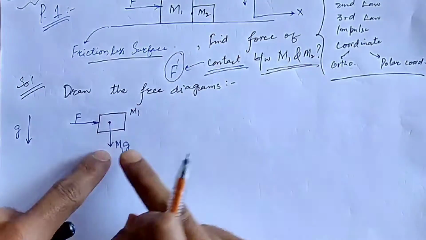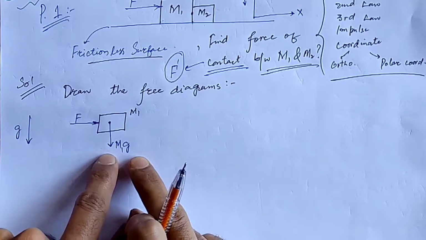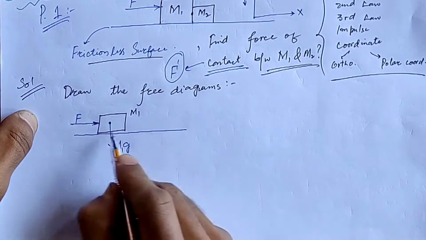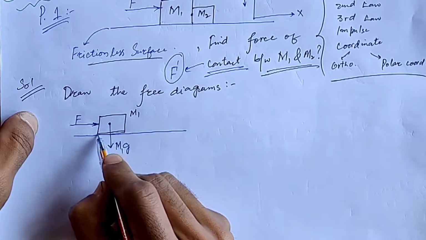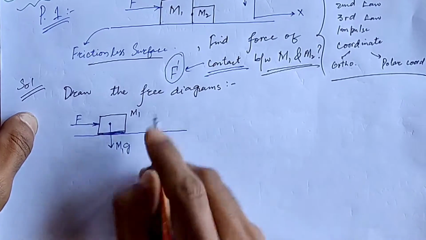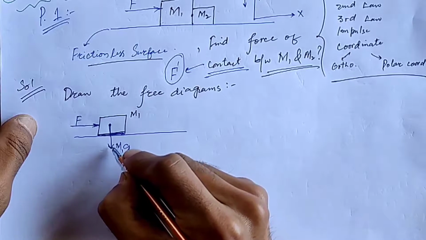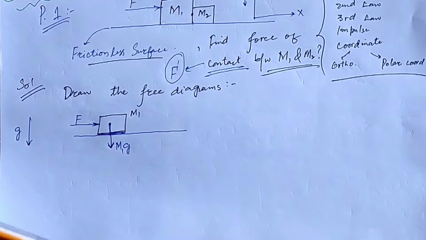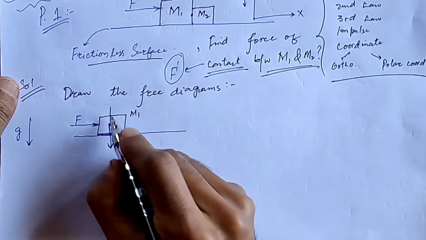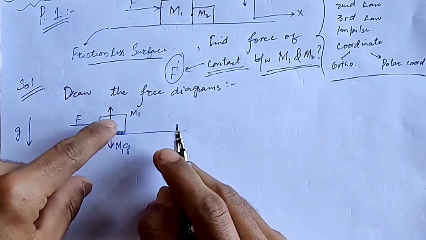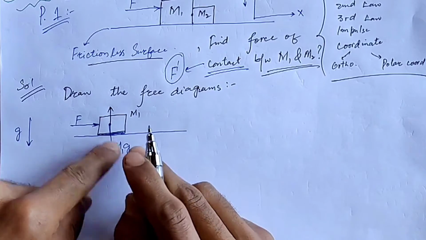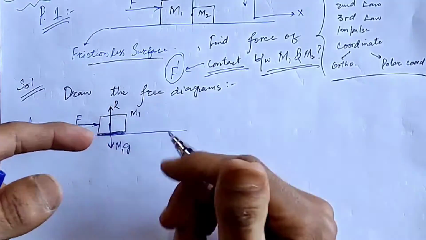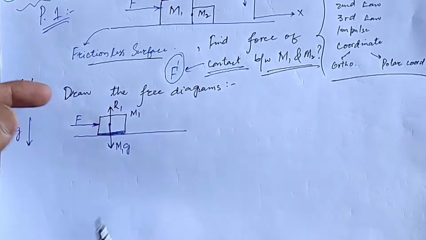That means this m1g, the weight, must be balanced by some force exerted by the surface when they come in contact, which is exerted in the direction opposite to the weight. Since the weight is downward, there must be a balancing reactive force upwards, which must be equal to the weight of this body, and we represent that reactive normal force as R1.